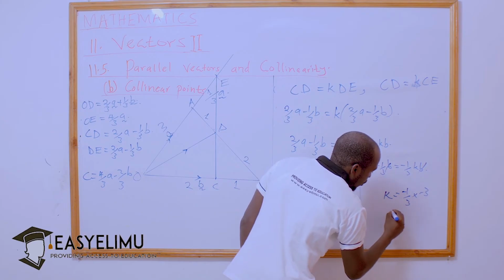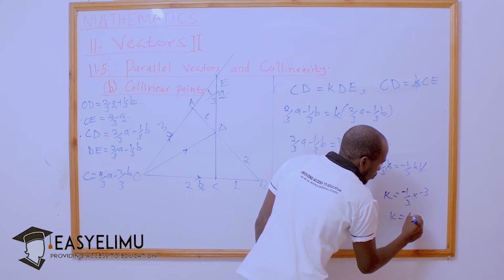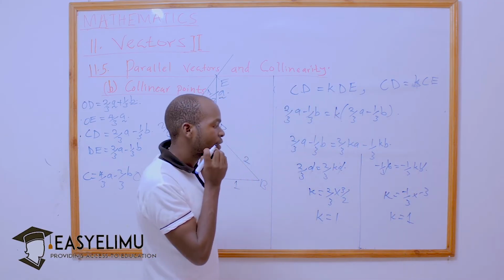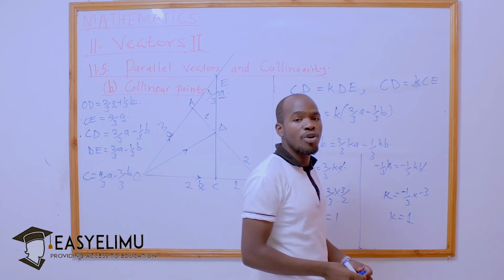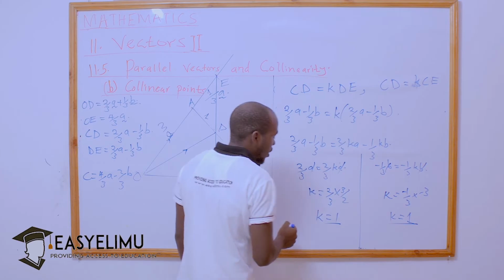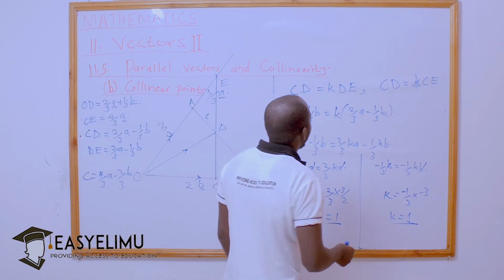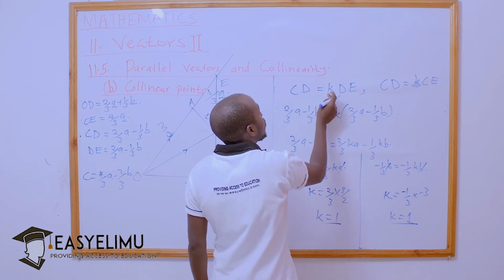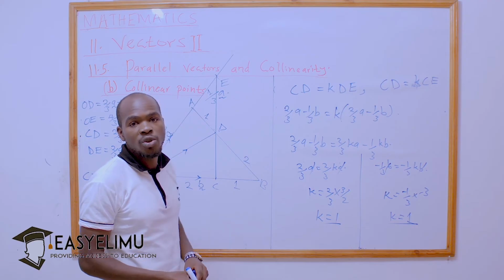You are going to have k is equal to 1, because 3 and negative 3 will cancel to give negative 1, and if you multiply by negative 1, you are going to get positive 1. So in both cases, we are finding k is equal to 1. So meaning that CD is equal to DE, and we can find that the scalar multiple there is 1.